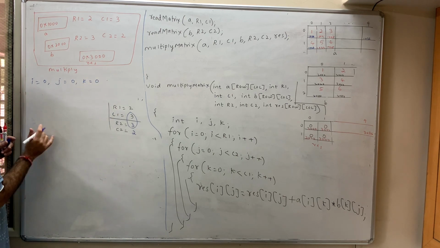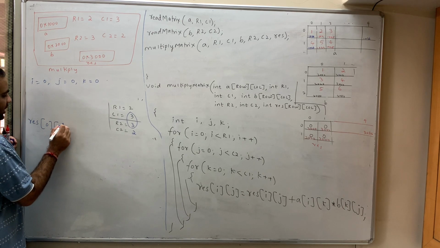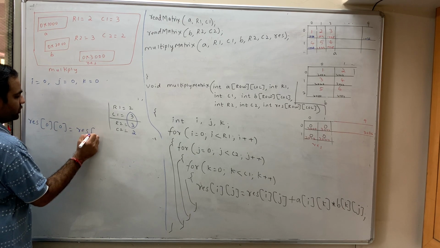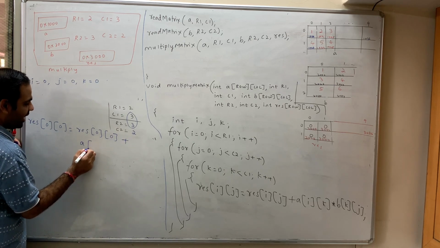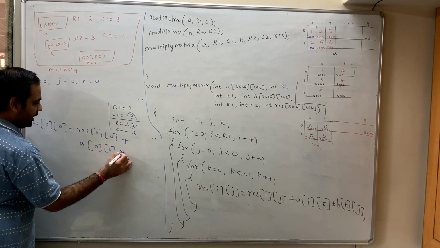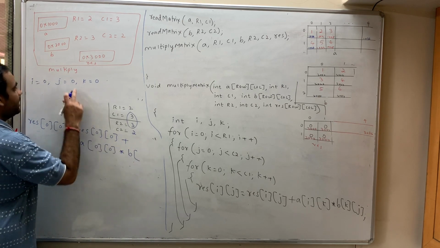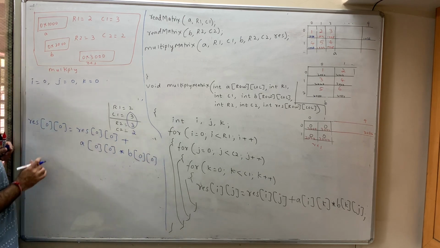Okay, initially we said result of 0, 0 is equal to result of 0, 0 plus a of ik, i is 0, k is 0, multiplied by b of kj, k is 0, j is 0. Please see there. Now, what is result of 0, 0?